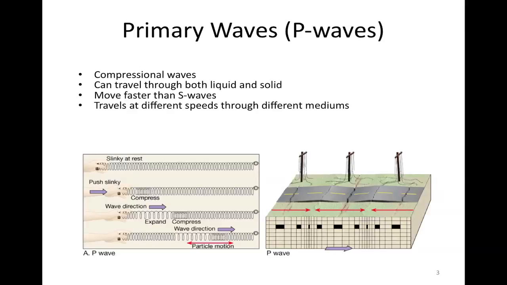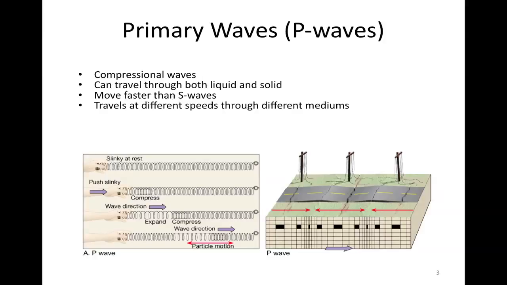So why do P waves travel faster? Well, they are what are called compressional waves. If you see the slinky at the bottom left side of the screen, it is showing a slinky at rest, and then the hand pushes the slinky toward the wall where the other side of the slinky is anchored. You can see that the spring is actually compressing and expanding as it travels towards the wall.